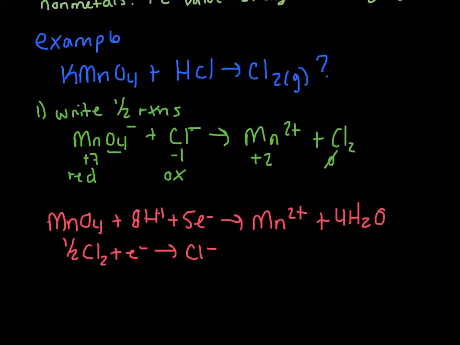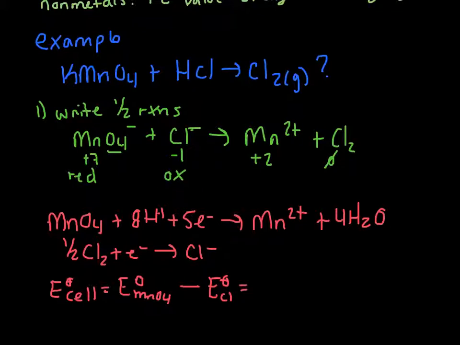All right, go to table 14, identify the values you need. So we have our E cell equals what's being reduced, so our manganese ion, minus our E for chlorine.